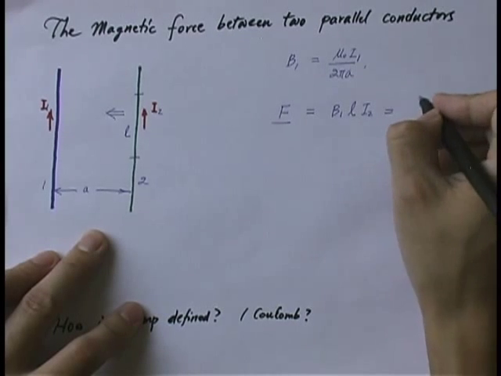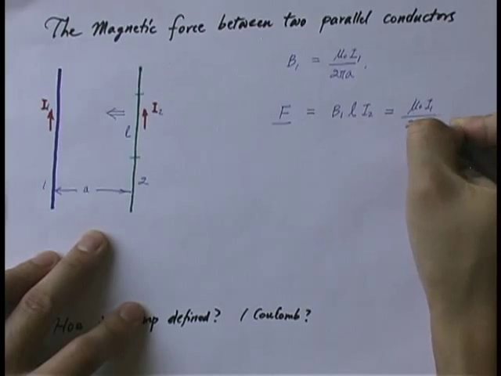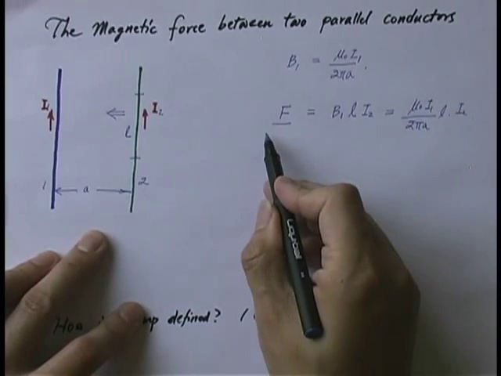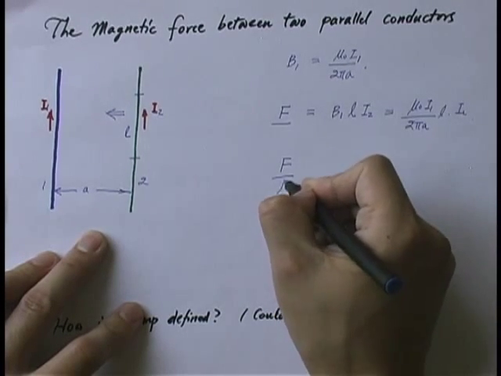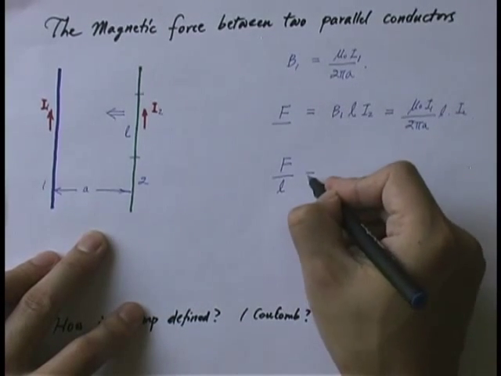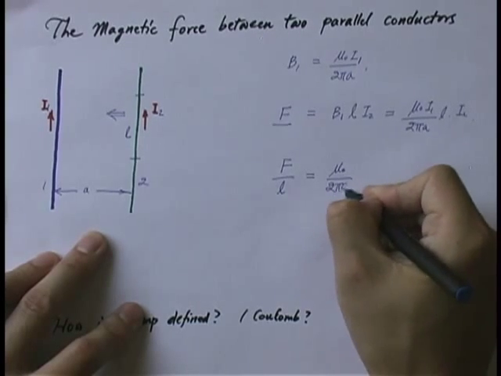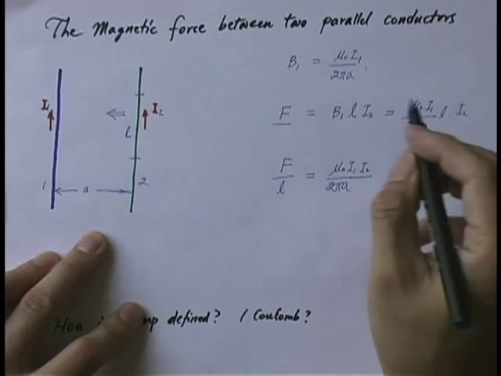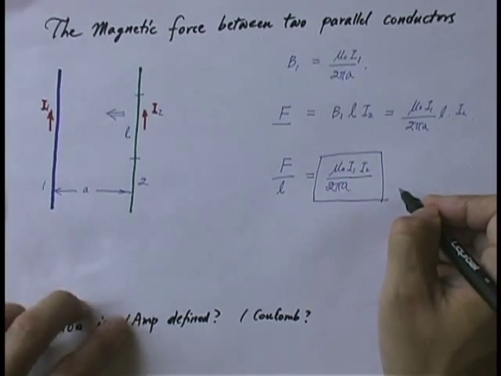So it is B1, which is mu naught I1 over 2 pi a, times L times I2. I'm going to move that L down here, so that I get the force exerted on a unit length of the wire, F over L. What is that equal to? That is mu naught over 2 pi a, and then it's I1 I2. It is proportional to the product of the two currents.